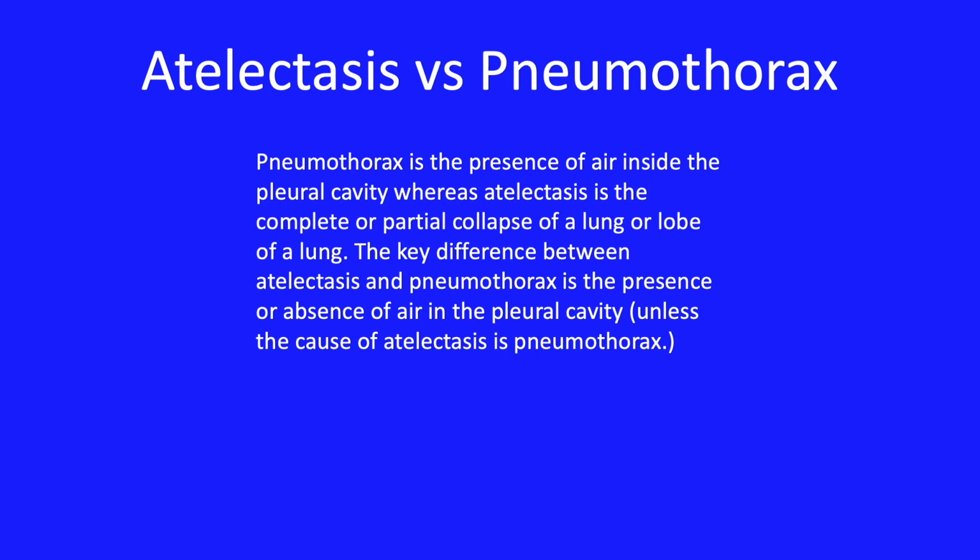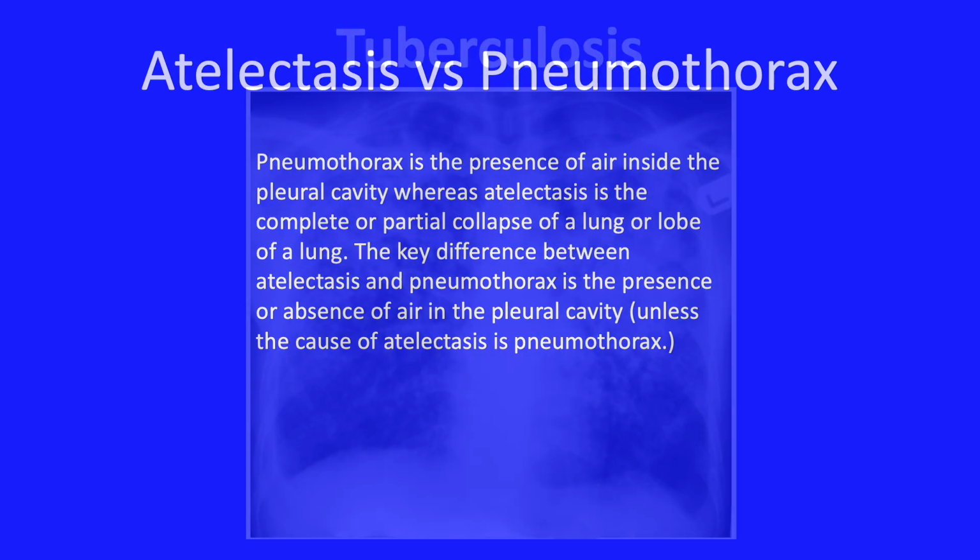Atelectasis can be caused by a foreign object, for example, or lung cancer, or a mucus plug. The key difference between atelectasis and pneumothorax is the presence or absence of air in the pleural cavity, unless the cause of atelectasis is the pneumothorax itself.